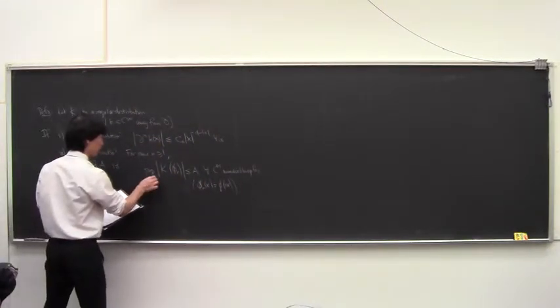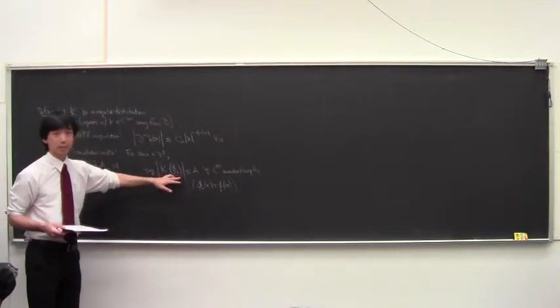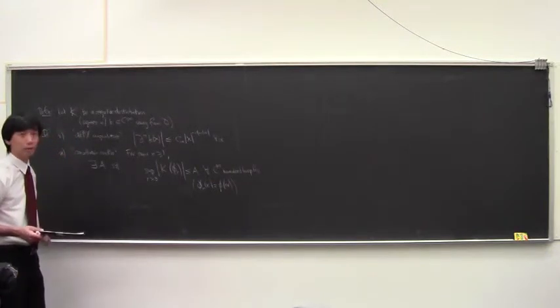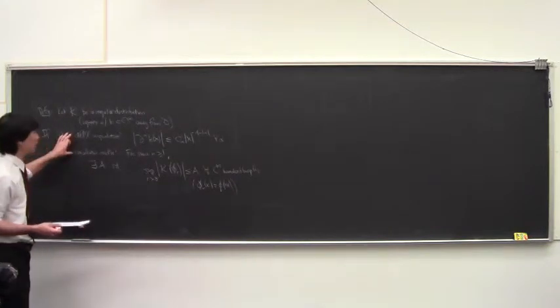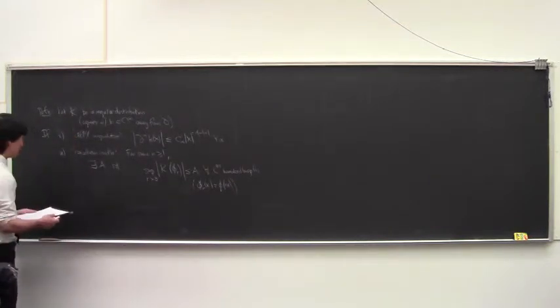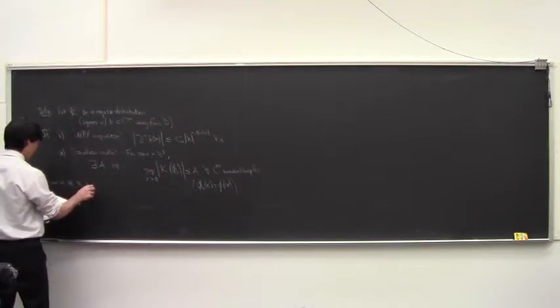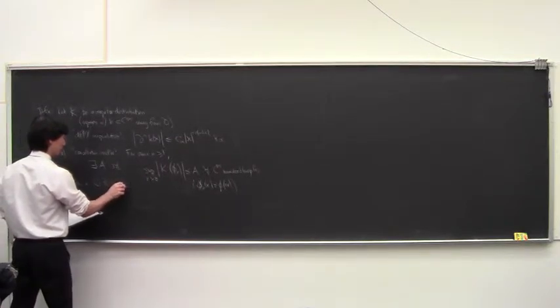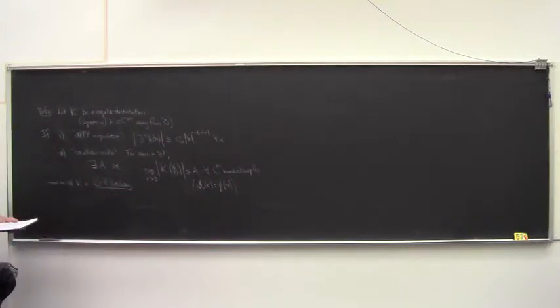It's the supremum over all dilations of the bump functions. You take K and apply it to these, and you always get a uniform bound over all of them. So if you satisfy these two conditions, then we call K a Calderon-Zygmund distribution.